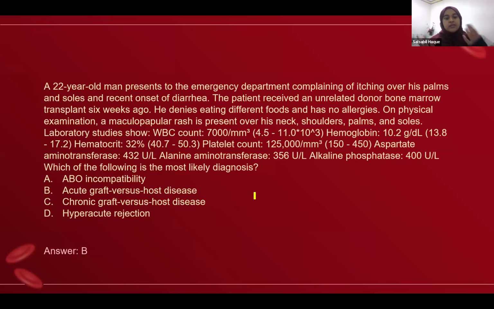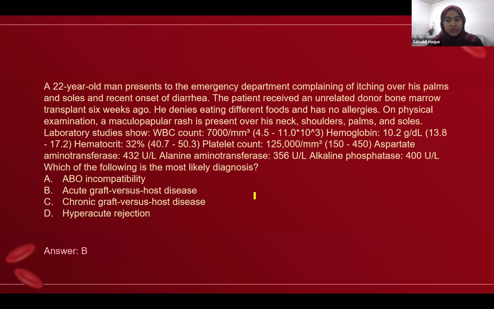If you have skin issues, such as here, you can see a maculopapular rash. And then he also has GI issues, which is recent onset of diarrhea. Also, skin issues again, itching over his palms and soles, GI issues with diarrhea, and maculopapular rash.